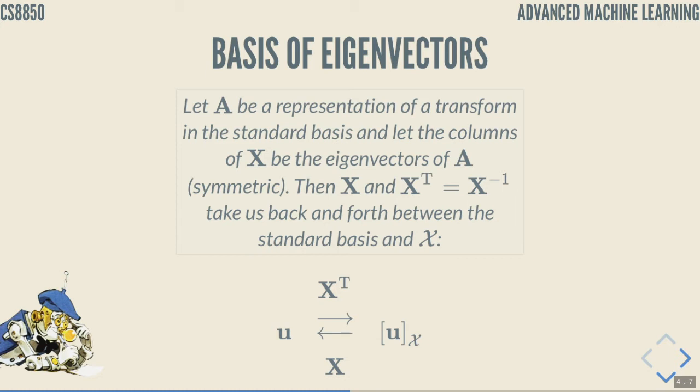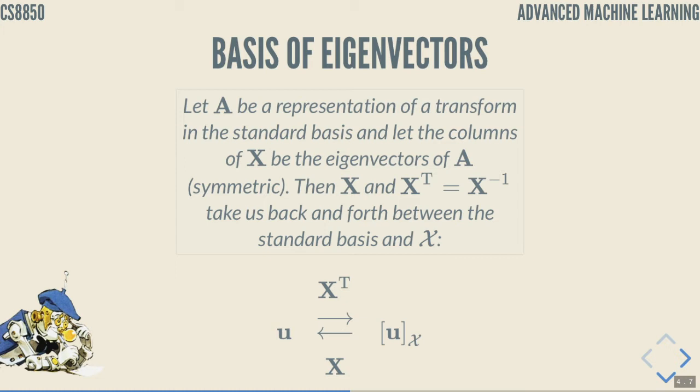But now let's think about the following. Let A be a representation of a transform in the standard basis, and let the columns of X be the eigenvectors of A. So A is symmetric.